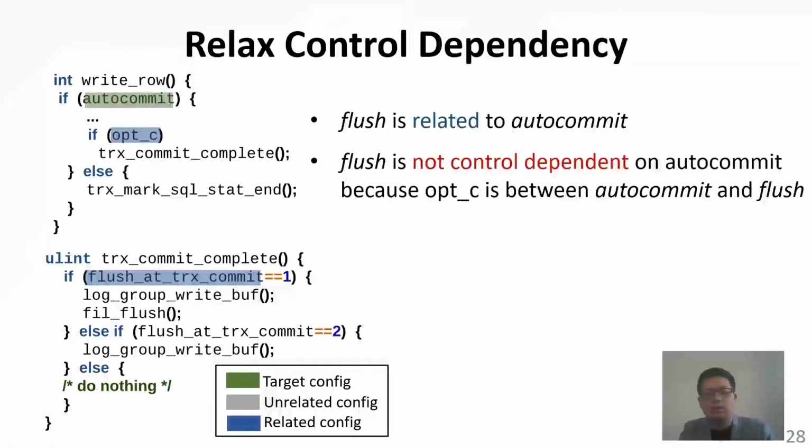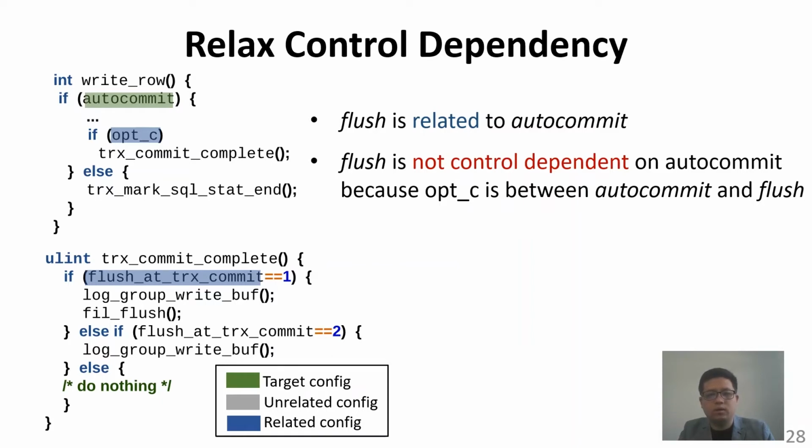However, there are some scenarios where the related configuration is not control dependent on the target configuration. For example, OPDC and flush at TX commit are related to autocommit, but flush at TX commit is not control dependent on autocommit since there's OPDC in between.